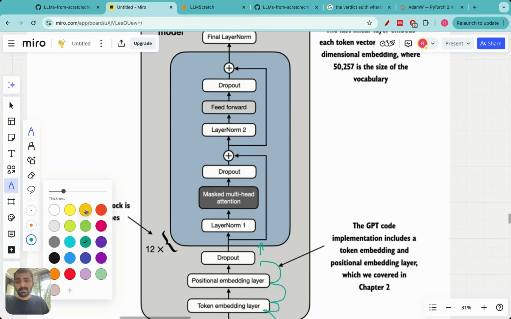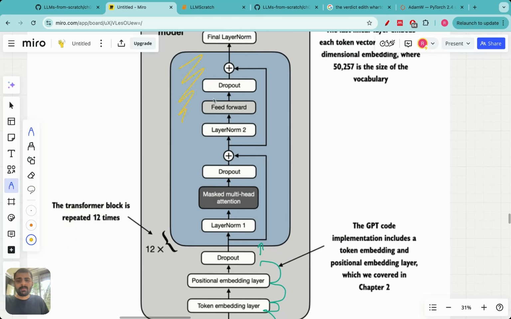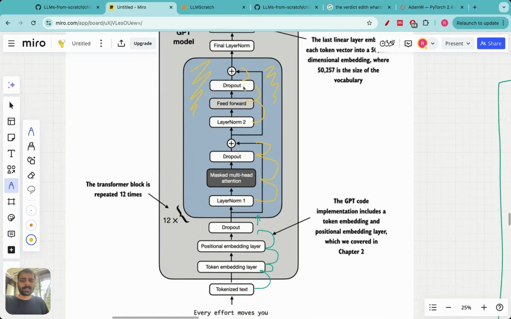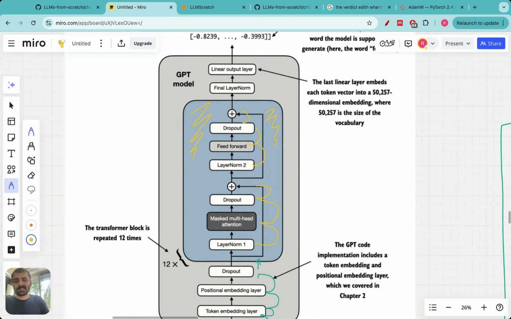This blue block, which I'm highlighting right now, is the transformer block. Here's where all the magic happens. The transformer has multiple layers such as normalization, multi-head attention, dropout, shortcut connection, feed forward network, dropout, another shortcut connection, etc. Then we come out of the transformer block.